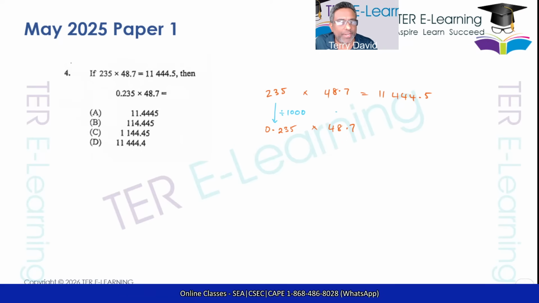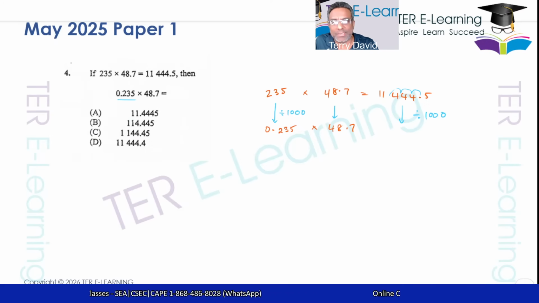And for this one, what are we doing? Nothing, we're not changing anything. So you notice the question is a little different. You divide by 1,000 to get the 0.235, and we've done nothing to the 48.7. So all I need to do is divide this answer by 1,000, and you're just going to move your decimal point 1, 2, 3.